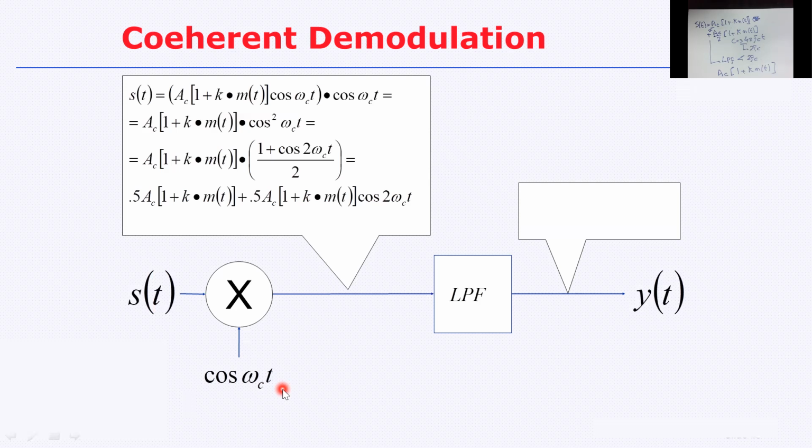Of course, the coherent demodulator is somehow simpler than the square law demodulator. However, you pay a cost. Why do I say you pay a cost? Because you have to have a crystal oscillator in the receiver to generate this cos 2π f_c t signal.